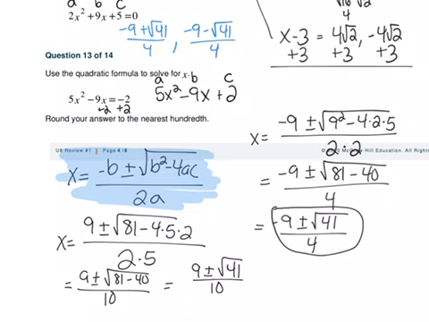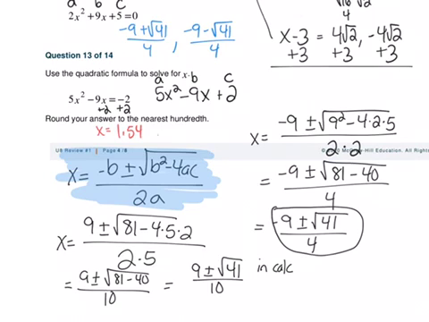It does look similar to the previous one. However, this one does ask you to round to the nearest hundredth. So remember, you're just going to put that in the calculator. Okay, and if I put it in the calculator, then I'm going to write my answer in red. My two answers here are going to be 9 plus, I'm going to punch in the square root of 41, and then I'm going to divide that by 10, and I'm going to get 1.54 in the calculator.